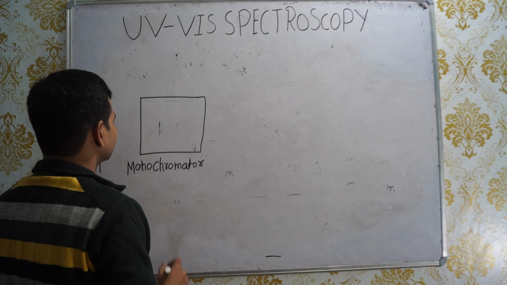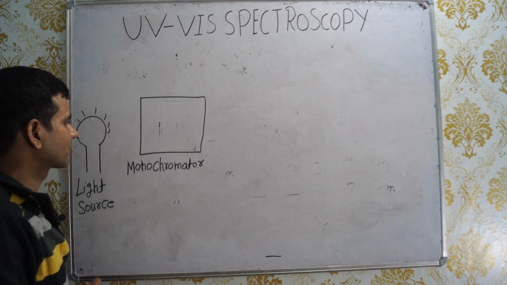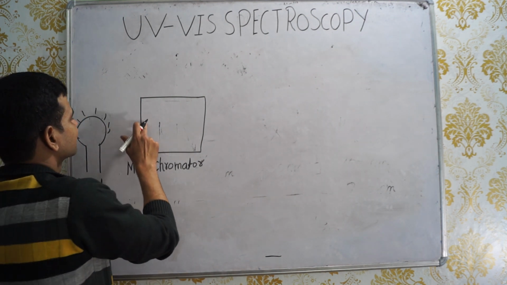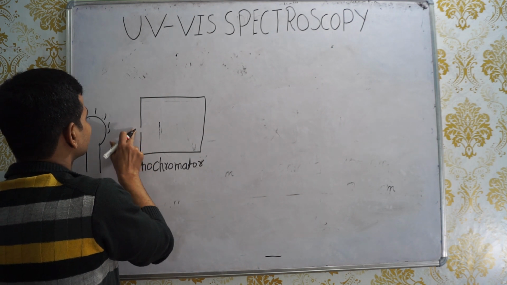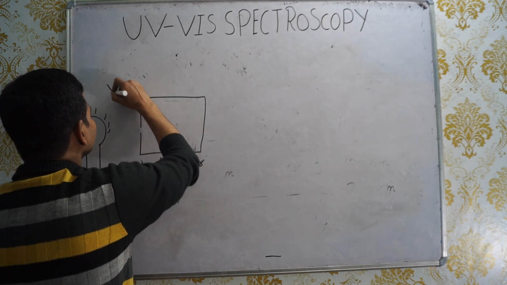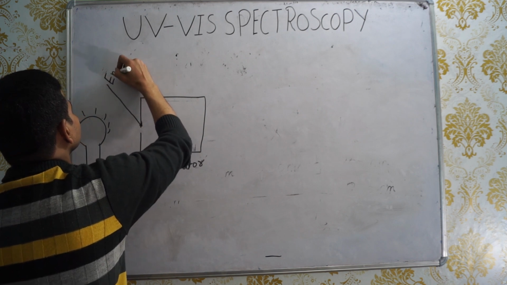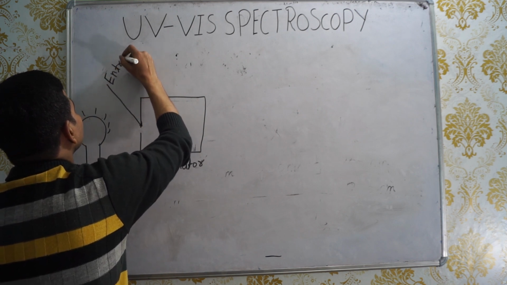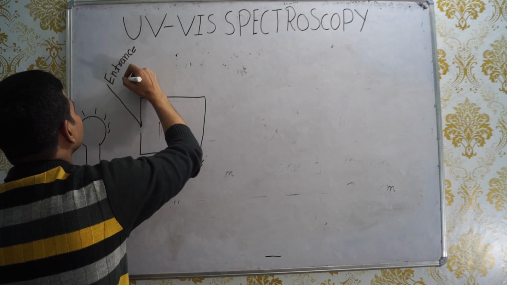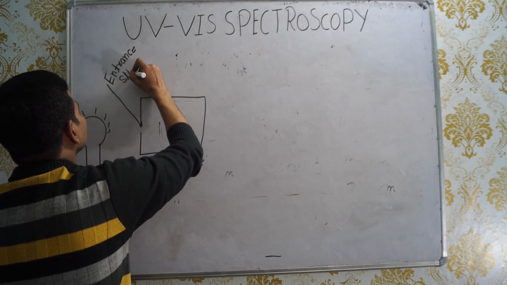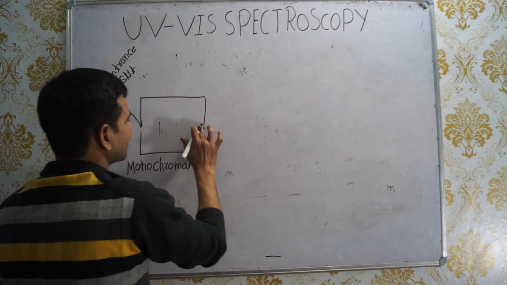The monochromator consists of three main parts. First, entrance slit. This portion is called entrance slit. Second, exit slit.